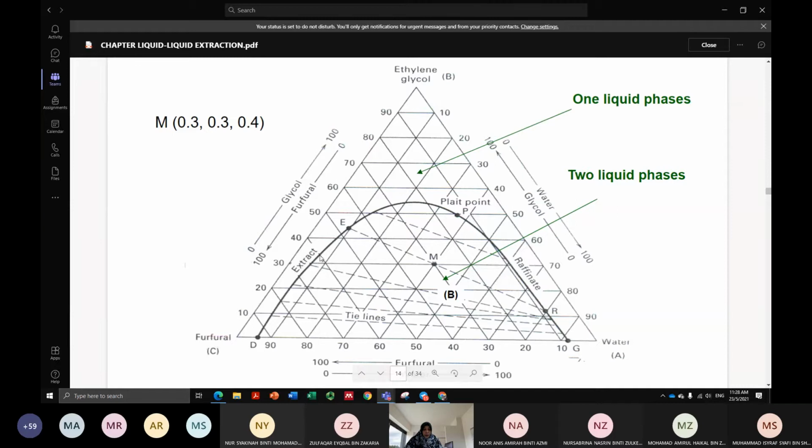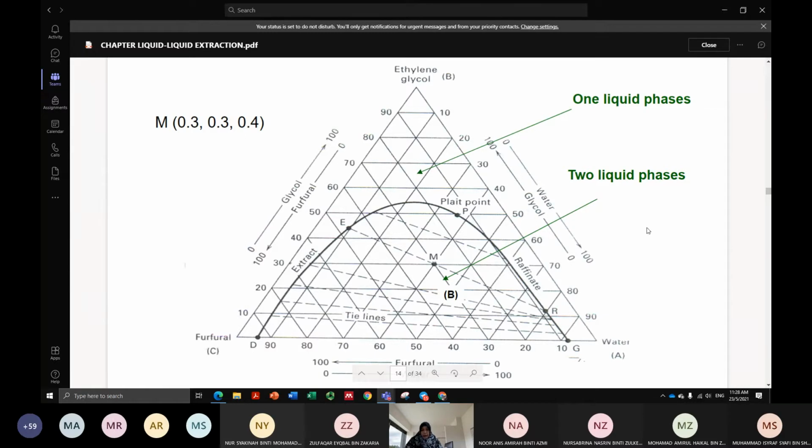But if you have your phase in the one liquid phase area, which is above the equilibrium curve, your composition is not in equilibrium. The sample that you collected is not in equilibrium.